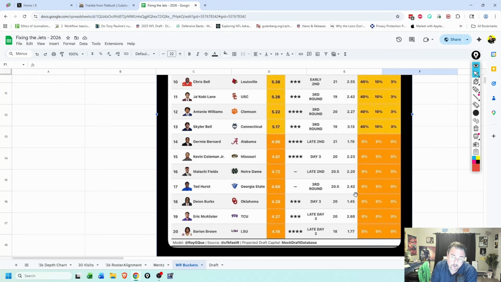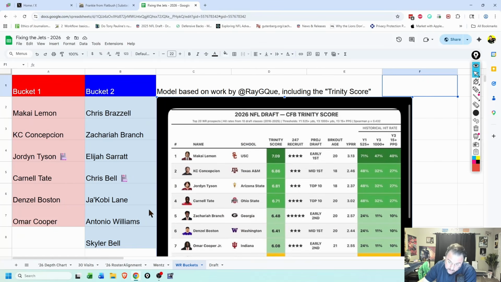But it's rare. So if you're going to take one of these guys, you want to take them later. You want to take them in the 4th, 5th, 6th round, so that if they don't pan out, no problem. You were taking a flyer anyway. But you really don't want to spend premium capital on guys who just haven't scored well in this model, in this index.